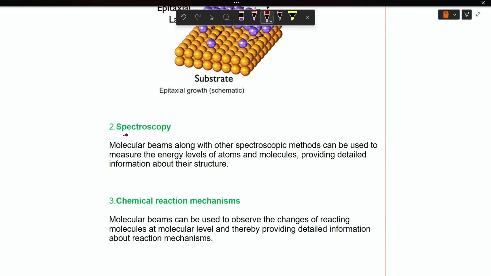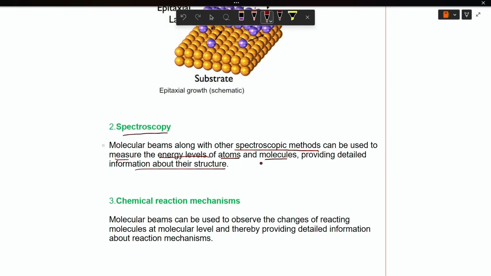Next is spectroscopy. Its application in spectroscopy is that molecular beams cannot be used as such. They should be combined with other spectroscopic methods and used to measure energy levels of atoms and molecules, providing detailed information about their structure.